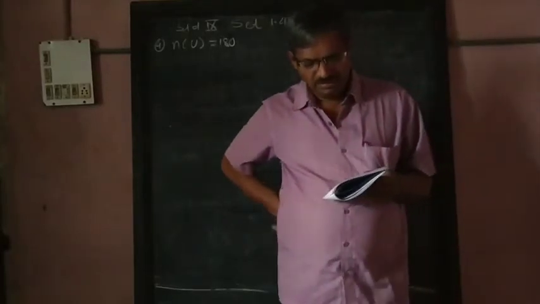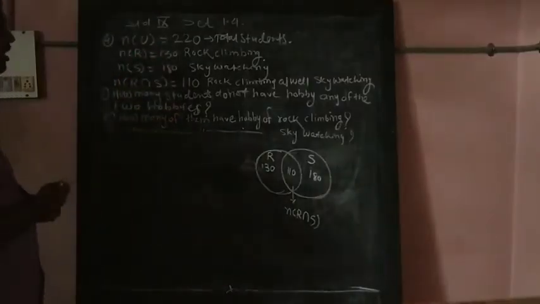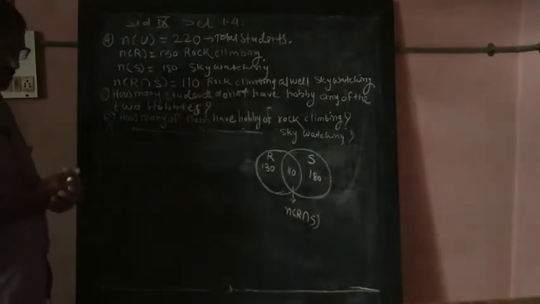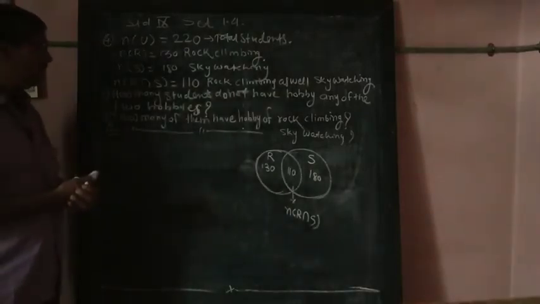I think we have to wait here for one second. Question 4. The number of students given is 220. It means 220 students are present in a class.